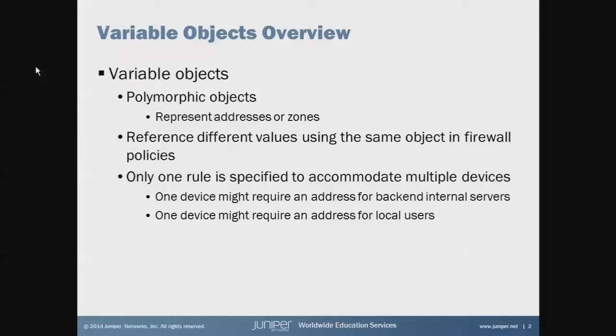With these variable objects, we can specify a context for one device and say use the back-end internal server's addresses, or address prefix, and then specify another context in that same variable object that says for this other device use an address that can be used for the local users. It allows you to create a single object that you reference just once in a firewall rule that could mean a multitude of different things depending on which device that policy is being pushed to.